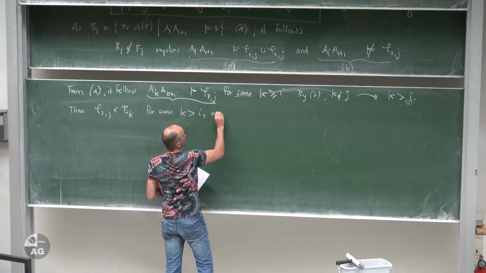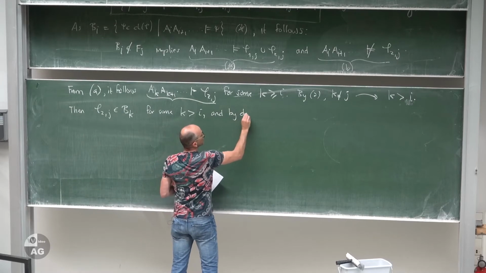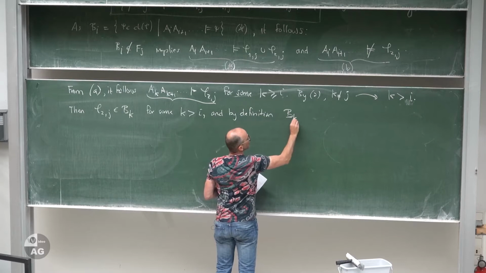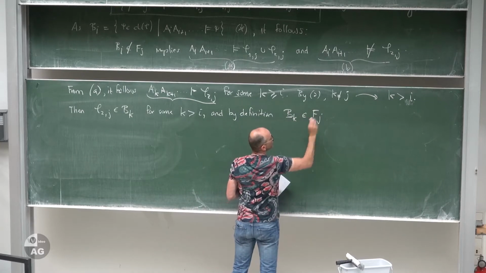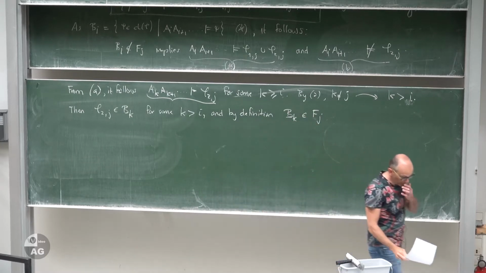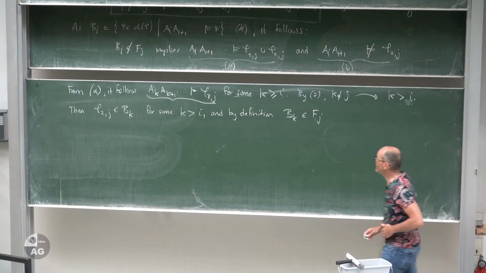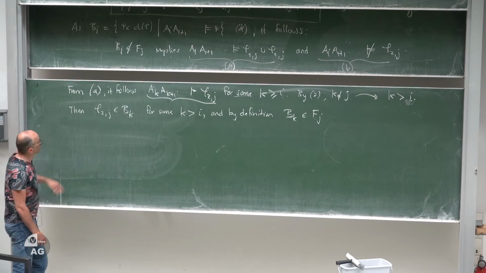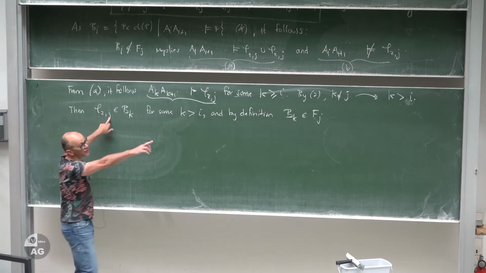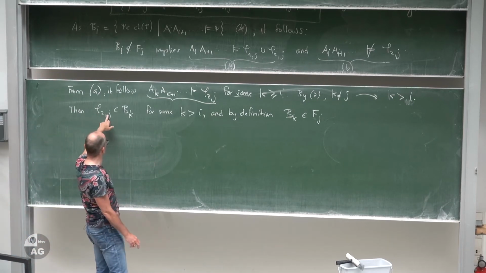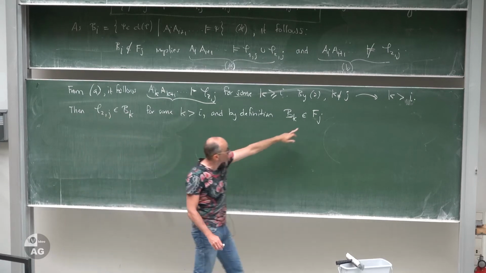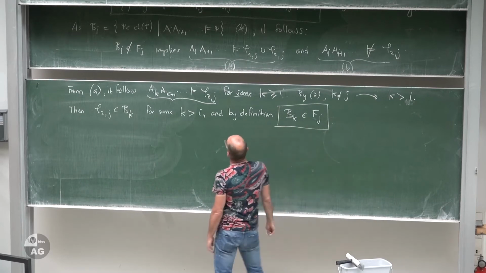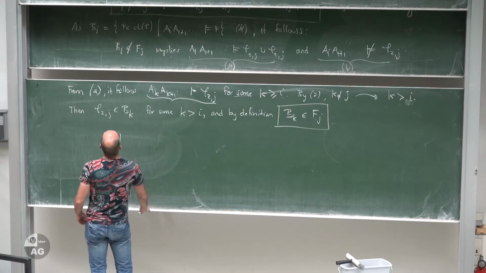And by definition, bk belongs to Fj, because we have phi 2j, and because of the definition, if the second part of the until formula is true at some position, then you also satisfy this thing. So what have we concluded? Where did we start?